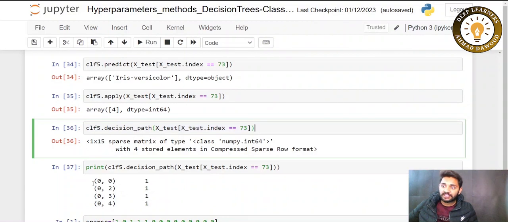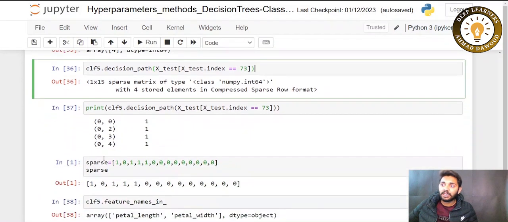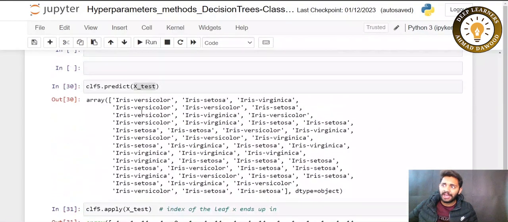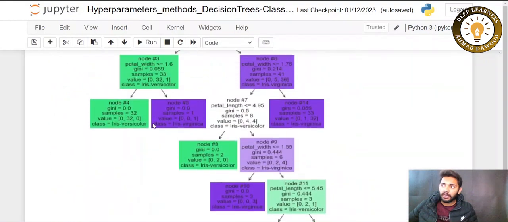It returns a sparse matrix. When you print that, you can see 0 0, 0 2, 0 3, 0 4. It is a sparse matrix which is one dimensional, and it says that your sample started from node 0, then went towards 2 and 3 and then node number 4, and hence your prediction is done.